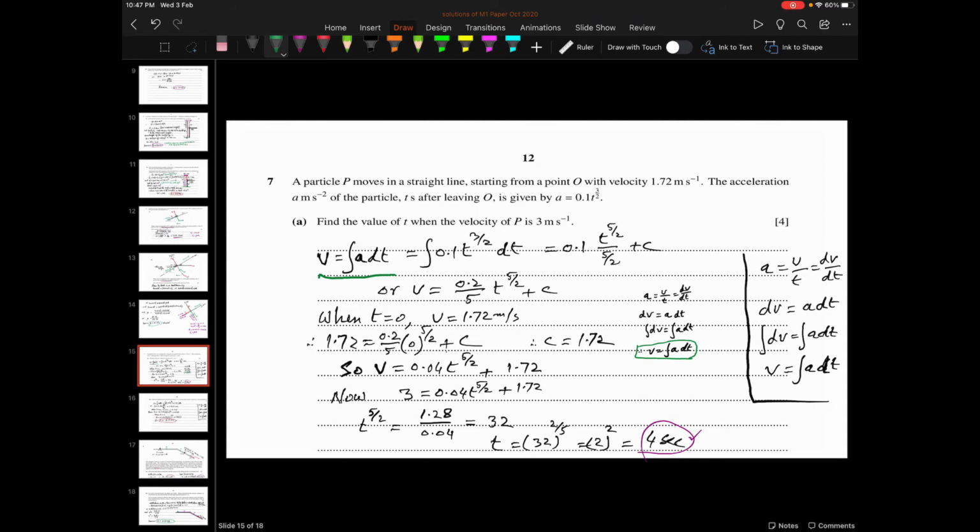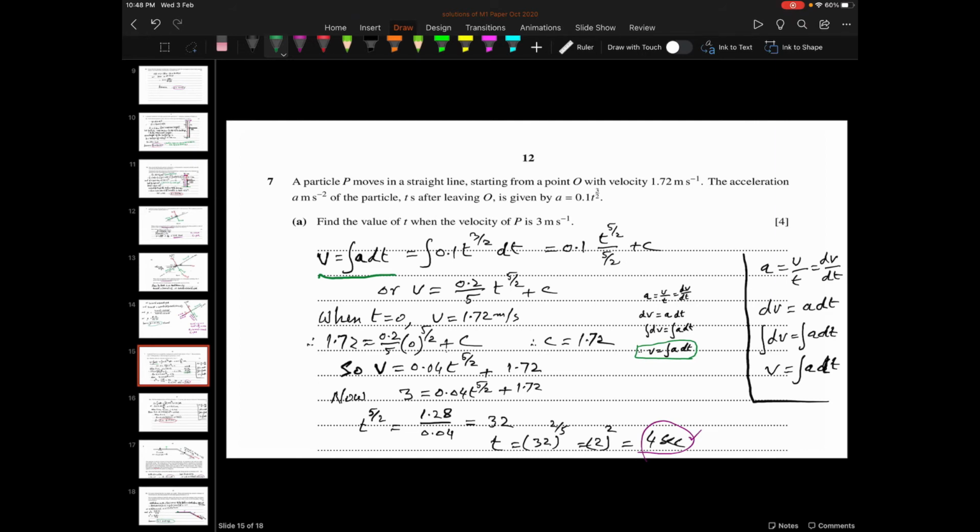Now in order to find the integration constant c, we use the initial conditions. When t is equal to 0, v is equal to 1.72 meter per second. This condition is given in the question. Therefore, 1.72 is equal to 0.2 upon 5 multiplied by 0 raised to power 5 upon 2 plus c, and from here c is equal to 1.72, or v is equal to 0.04 t to the power 5 over 2 plus 1.72.